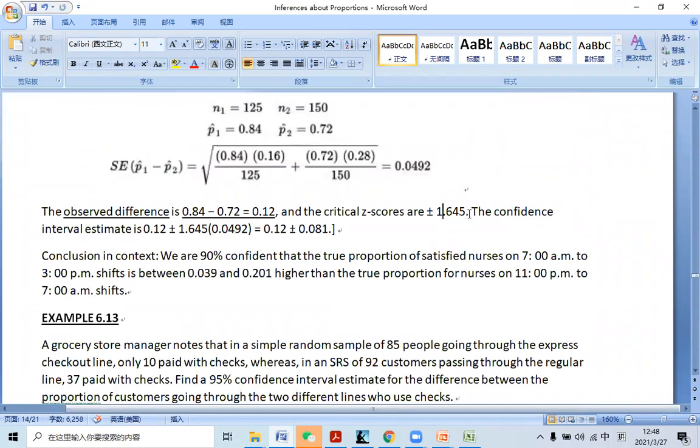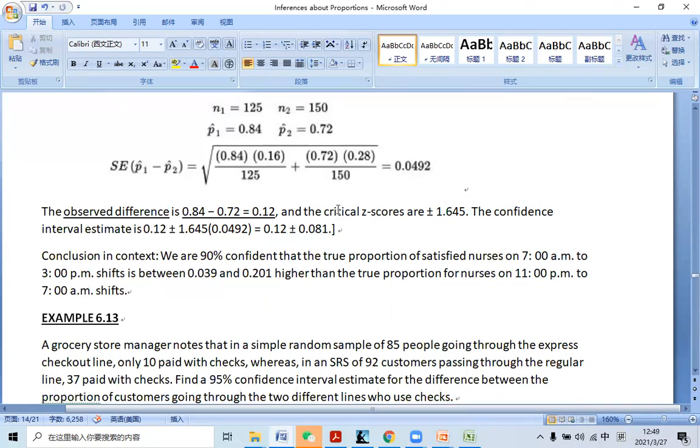If you want to be more precise, if you want to go to 3 decimal points, if you have a 3 decimal point z distribution table, or if you use a calculator, then you can find 1.645. 1.645 standard deviations above the mean and below the mean will give you 90% of the normal distribution.